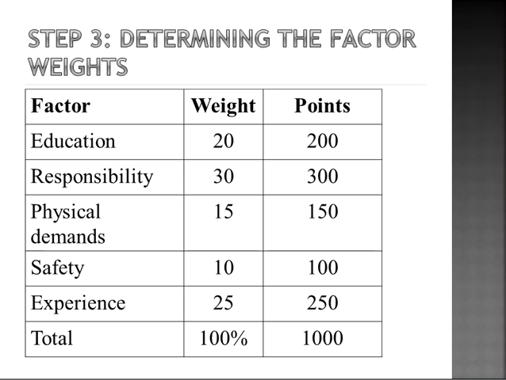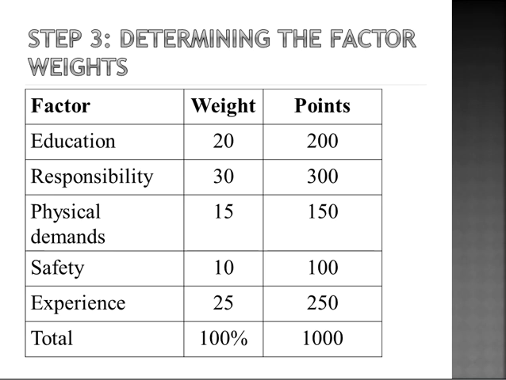A job evaluation committee determines the total number of points that will be distributed among the factors. Usually the number is some multiple of 100, 500, or 1,000, and is based on the number of compensable factors. The greater the number of factors, the greater the number of points. Each factor is weighted by assigning a number of points. The more important the factor, the greater the number of points that will be assigned.